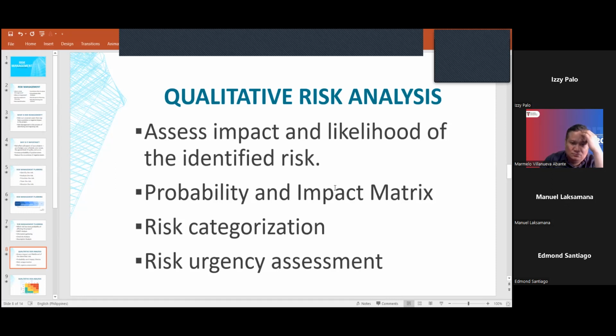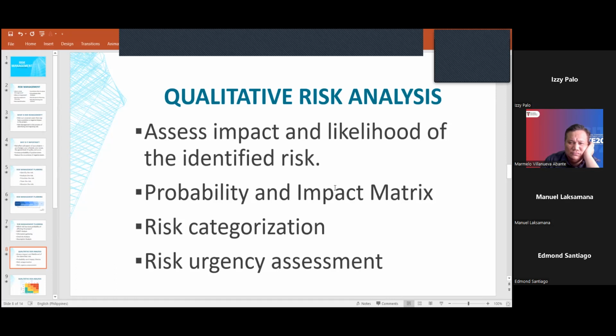The risk urgency assessment is a project management process that reviews and determines the timing of actions that need to happen sooner than for other risk items. Since we prioritize the risk, what would be the high priority risk that needs to be addressed?